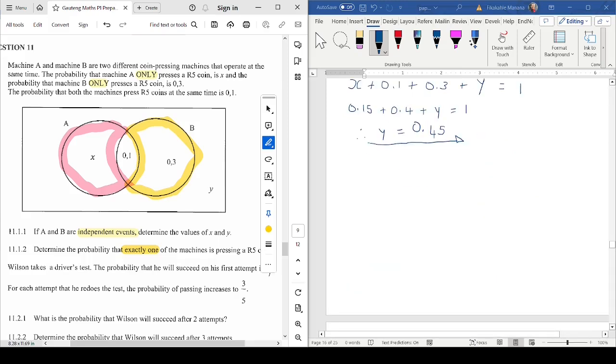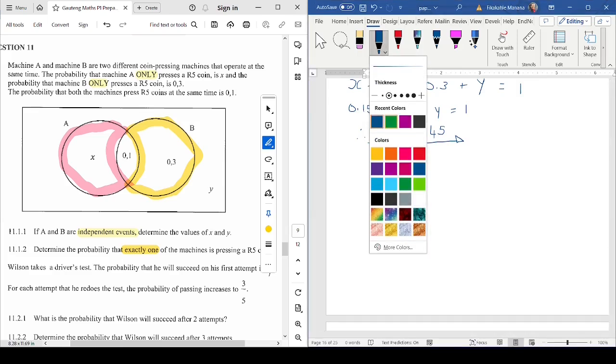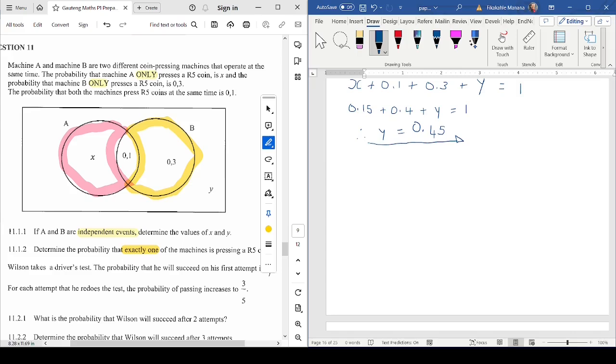Okay, right. So let's put it under a calculation over here. So this is now 11.1.2. That probability then is just going to be x plus the probability of only B, which is 0.3. Now for x, we already know it's 0.15, plus 0.3.